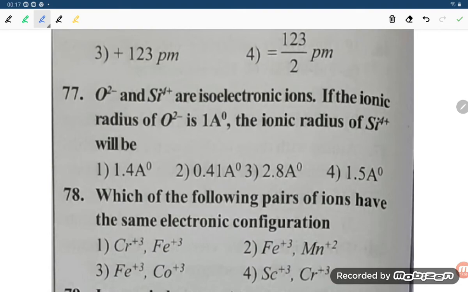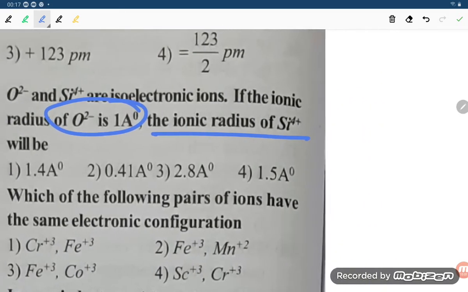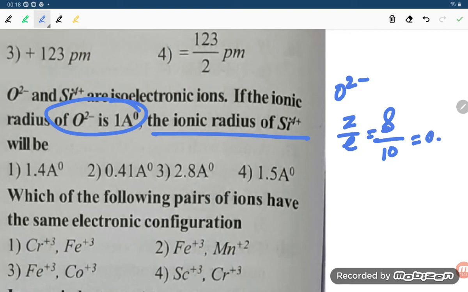O2 minus and Si4 plus are isoelectronic. If the ionic radius of O2 minus is 1 angstrom, then what will be the ionic radius of Si4 plus, student? Okay, let us try to calculate, student. Ionic radii of O2 minus, how to calculate, student? Z by E. The Z value for oxygen, atomic number 8, electrons 10. So it is coming 0.8.